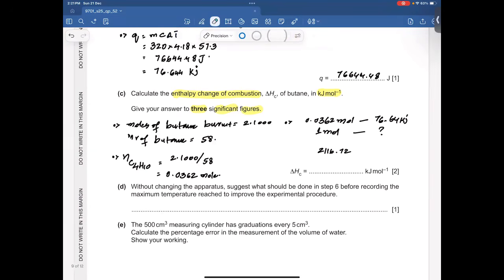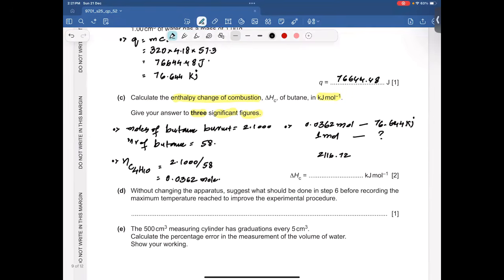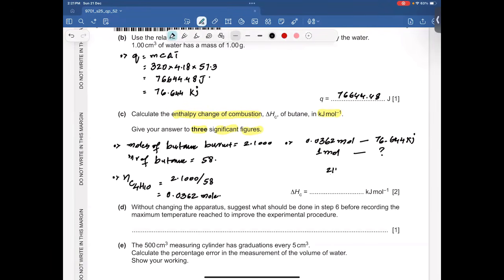So let me change here: 76.644 kilojoules divided by 0.0362. Yeah, that's the case. 2117.25.